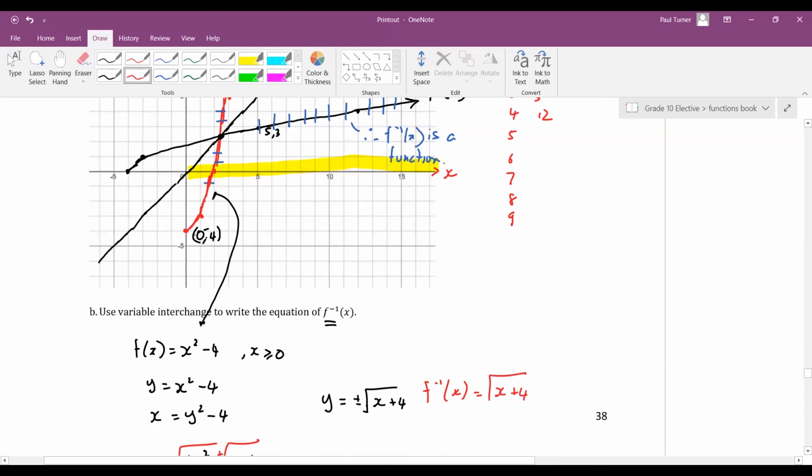Okay, and x must be, so your new domain is here, greater than or equal to minus 4. This is your new domain. So that's your answer there. That's going to be your final answer. And I put the domain in as well.